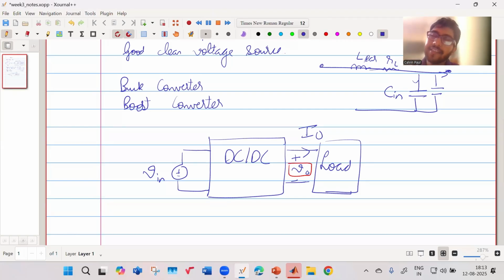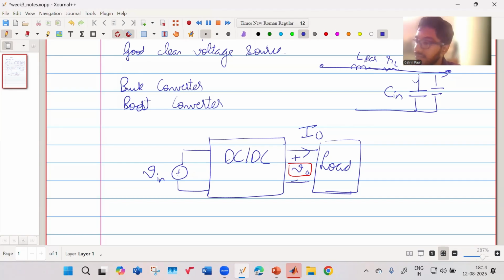When I started learning about power electronics in my BTech, I used to wonder why they design something just for some fixed voltage. Why can't it be adjustable? There are some cases where it needs to be adjustable, but in most practical cases, the voltage you want will be fixed.